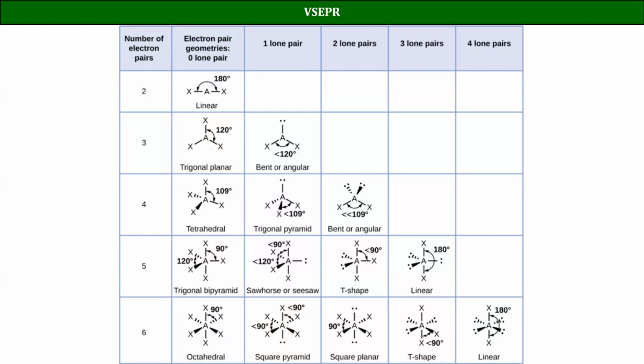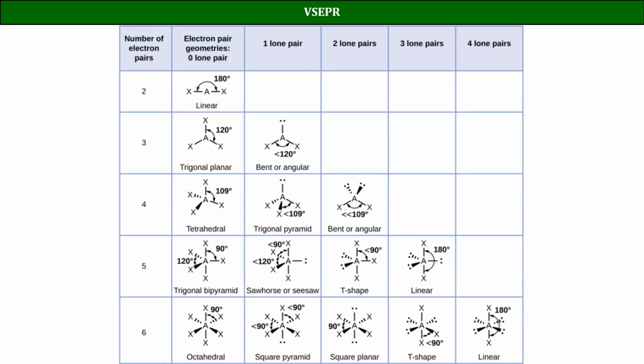So in particular, something like ammonia, NH3, has a Lewis dot structure that looks like this, or has an electron geometry that looks like this, the tetrahedral electron geometry.